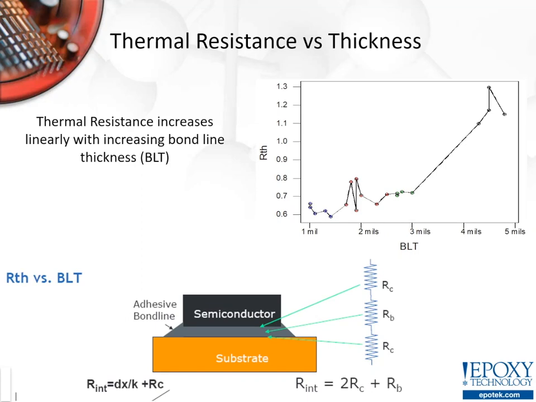Thermal resistance is the ratio of the temperature differential to power dissipated. That means it's only valid for a specific distance or bond line thickness, a specific power load, and a specific temperature range. On the right, you can see thermal resistance versus bond line thickness. As the bond line increases along the x-axis, so does the resistance.